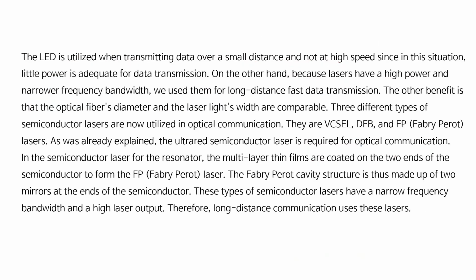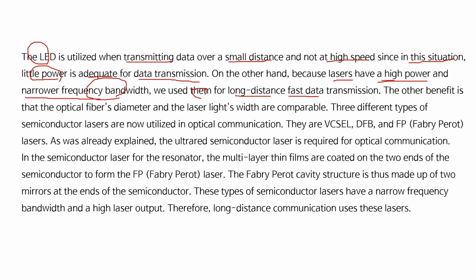The LED is utilized for transmitting data over small distances and not at high speed, since in this situation little power is allocated for data transmission. On the other hand, because lasers have high power and narrow frequency bandwidth, we use them for long distance or fast data transmission.